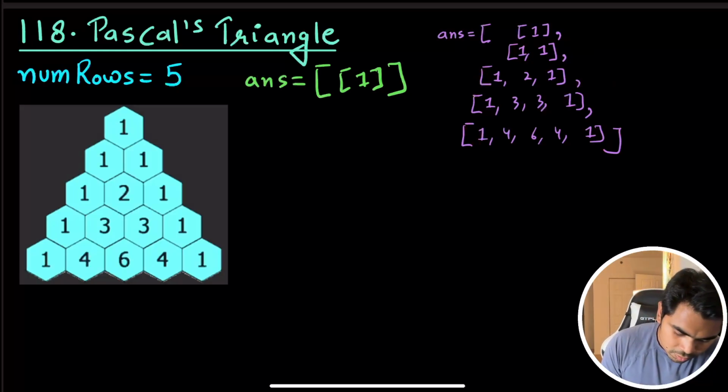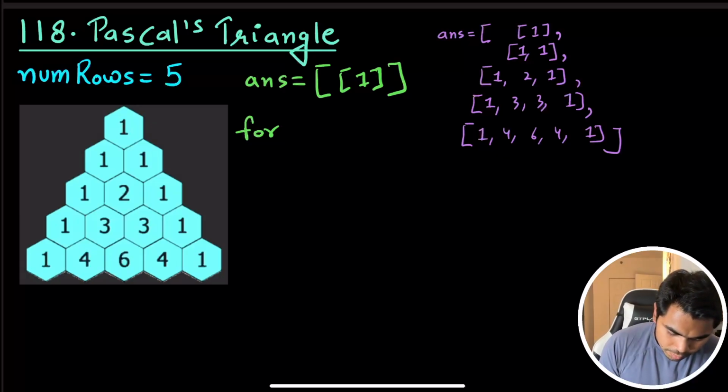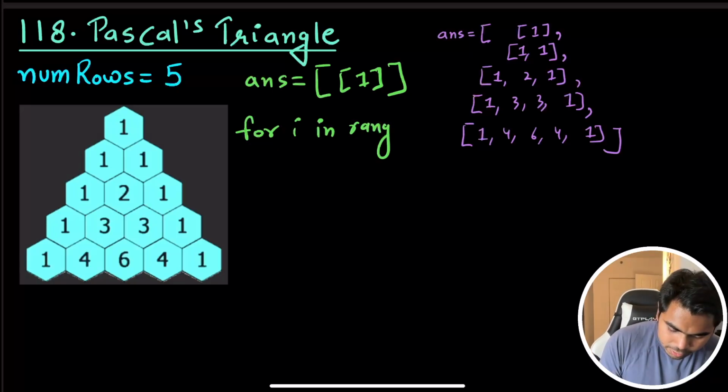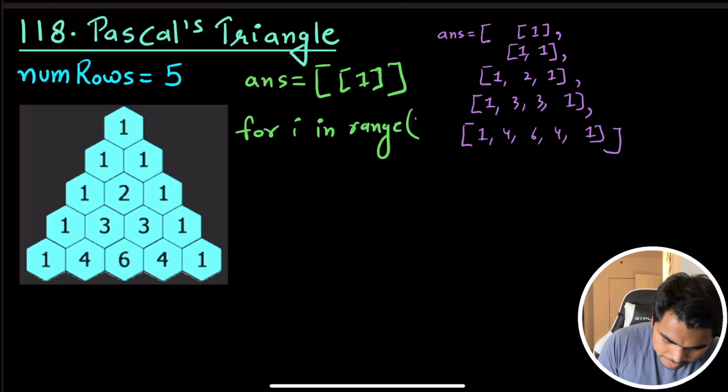I will run a for loop, for i in range, starting at 1 and going up to numRows, since we need to calculate 4 more rows. Let's say this is n.